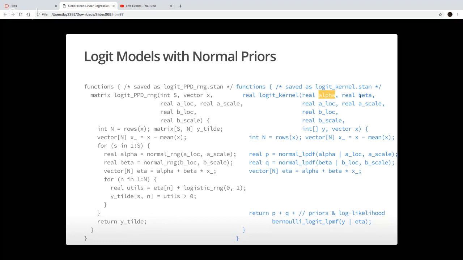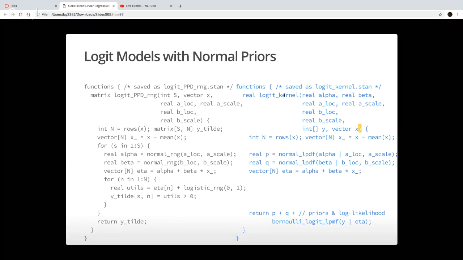So this is going to return a scalar for the logarithm of the numerator of Bayes' rule. It's going to take as arguments the proposed values for the intercept and slope, the same stuff as before that we needed to specify our priors. But it's also going to take an integer array called y, which is our observed outcome, 0 and 1, and we have n of those, in addition to our vector of values on x.